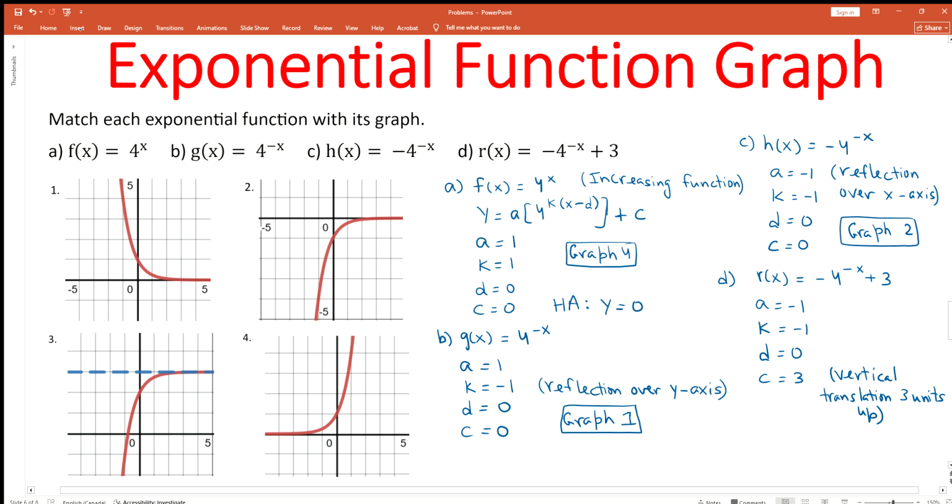So we can obtain the graph for part D function r(x) by vertically translating the graph for function h(x) in part C 3 units up. So if we look at graph 2, which is the graph for part C, and if we translate it 3 units up, we get graph number 3. That means the graph for function r(x) in part D is graph number 3.